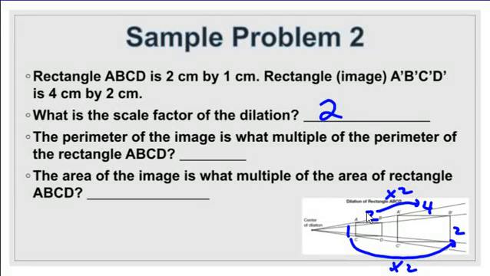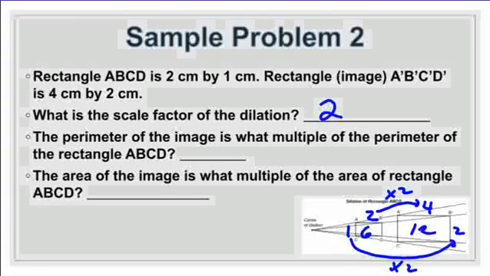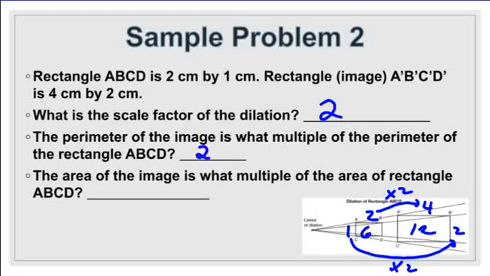The perimeter of the image is what multiple of the perimeter of rectangle ABCD? If we find the perimeter of the smaller rectangle, we have 2 plus 1 is 3, plus 2 plus 1 is another 3, so that's 6. So this has a perimeter of 6. The bigger one has 6 plus 6, which is 12. So this is 2 times the size.